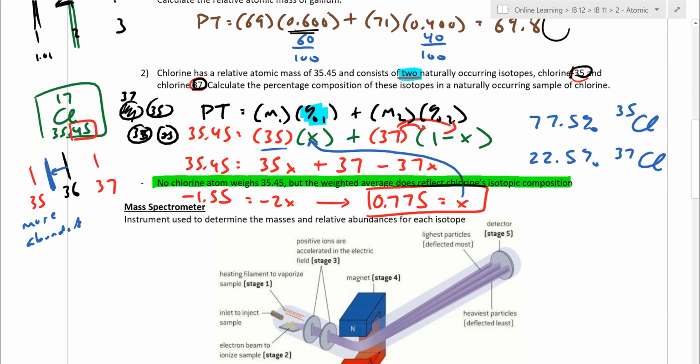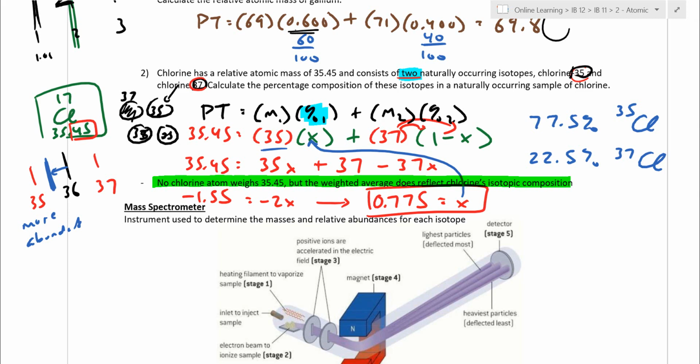If I average them out, if over these 4 samples I almost have a 3-to-1 ratio, so I have a lot more of the 35 than 37, on average, if I take the handful of 4 atoms, it's like every single atom weighs 35.45. I'm not saying the actual atom does, but over those 4 atoms, it's like they all weigh 35.45.